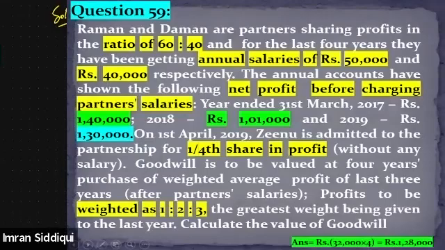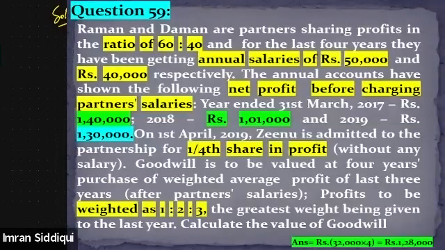It says that Raman and Daman are partners sharing profit in the ratio of 60 to 40. That means 6 by 4, right? Or 3 by 2. And for the last 4 years, they have been getting annual salary of 50,000 and 40,000 respectively. Annual accounts have shown the following net profit before charging partner's salary. Year ended 31st of March 2017, 1 lakh 40,000; 2019, 1 lakh 30,000.